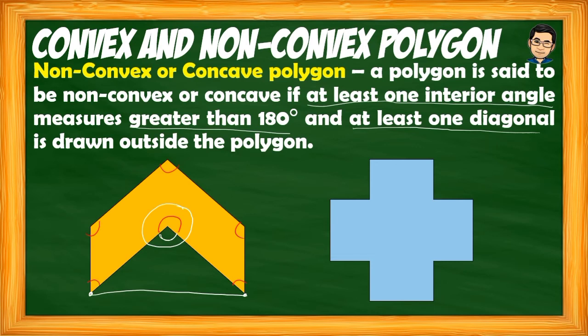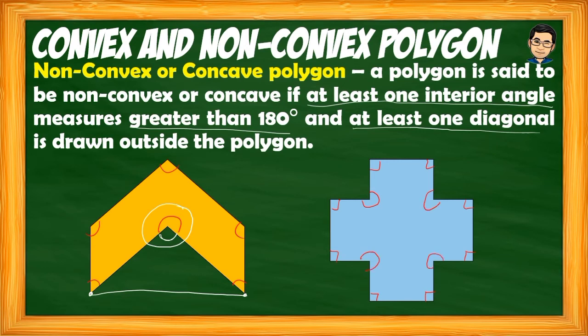Next, yung ating next figure, as you can see, yung kanyang mga interior angles, ito. Marami siyang interior angles. Then, halos, yung mga interior angles na, right angles. So, nasan yung mga interior angles na may sukat greater than 180 degrees? Ito po. Ito. Ito. Ito.